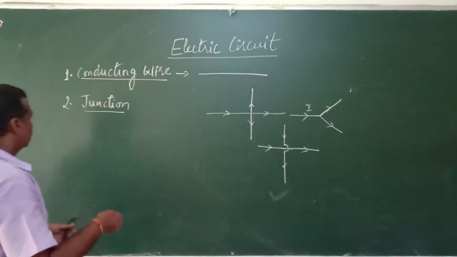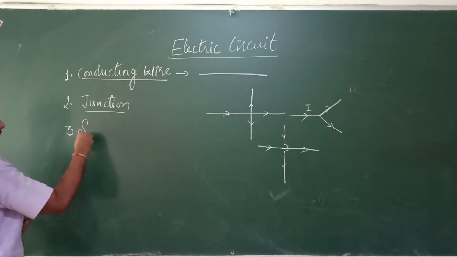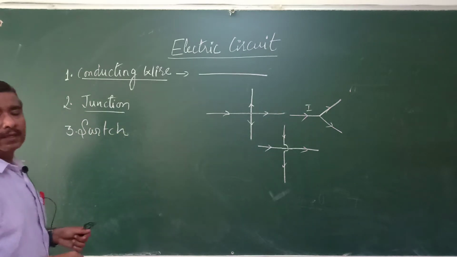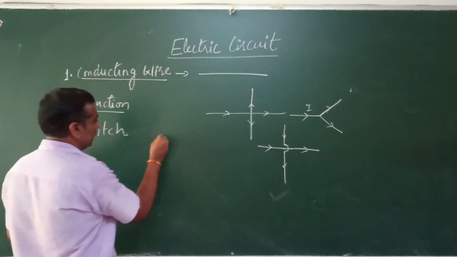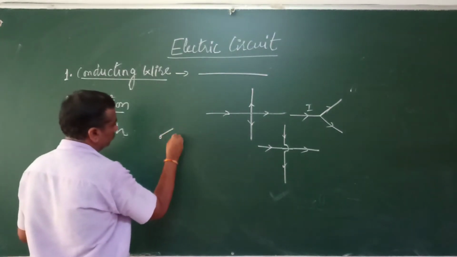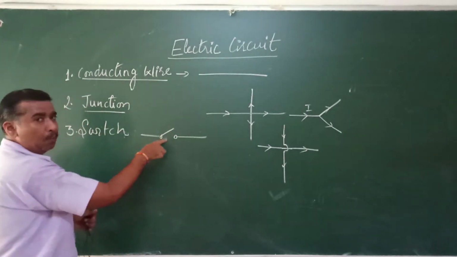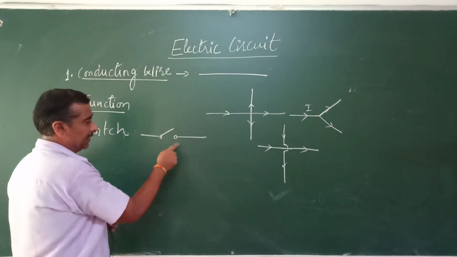Okay. The third is a switch. Now how do we draw a switch in the circuit diagram? It can either be like this. Now this is an open switch, that means switch off, because there is discontinuity between this end and this end.